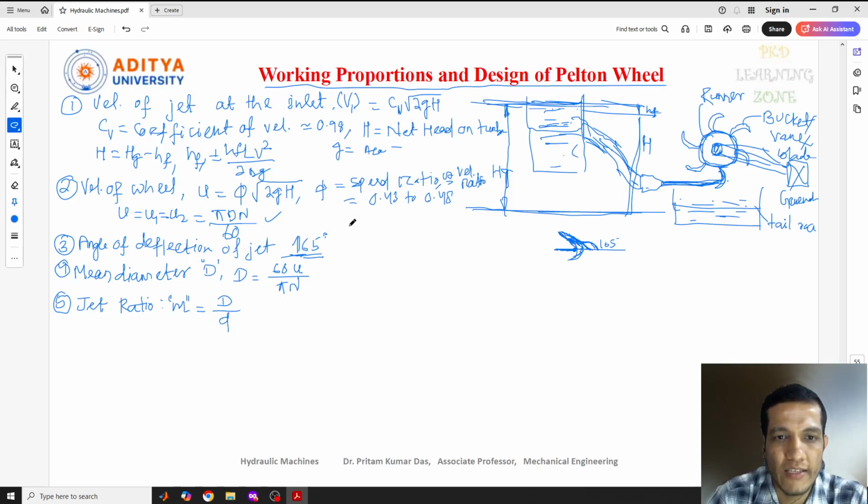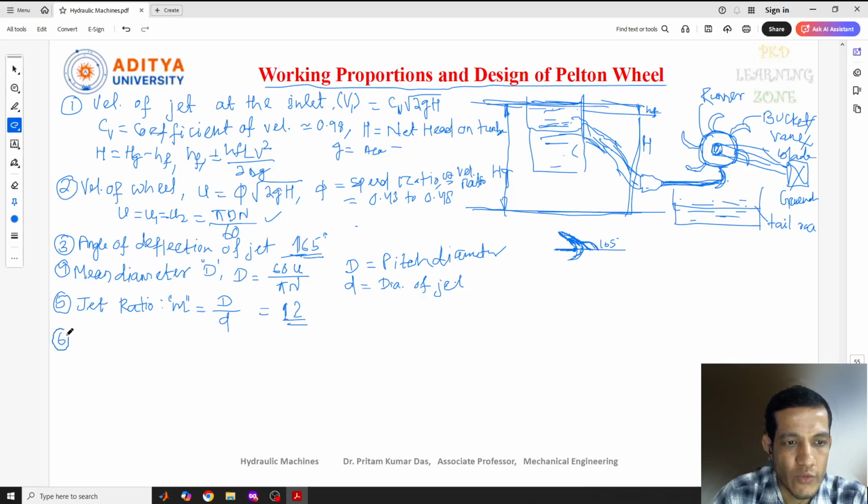So the jet ratio is m equal to D by d, and in most cases the jet ratio is considered to be 12.